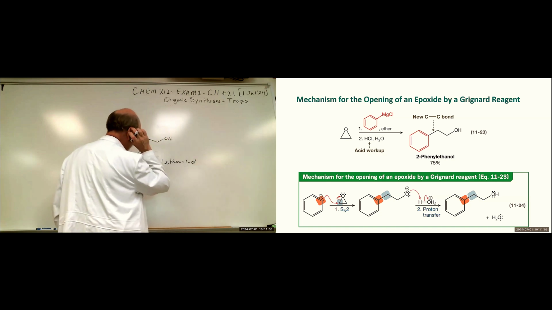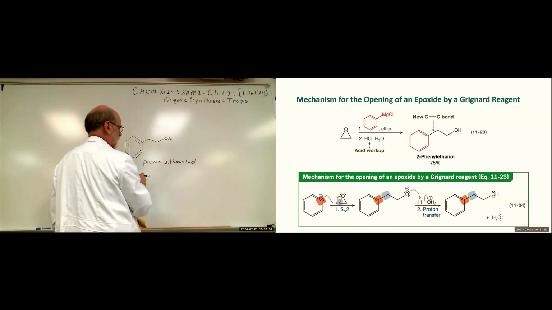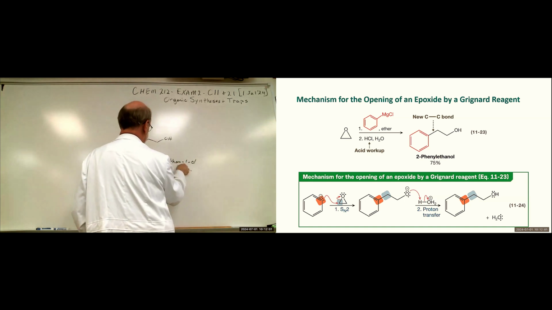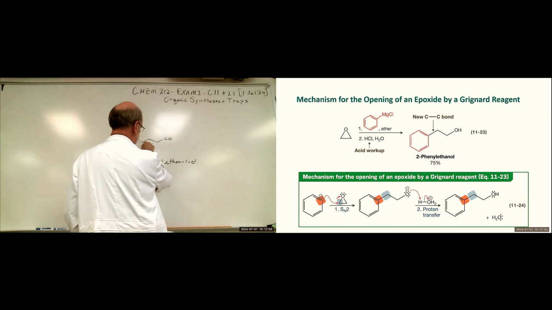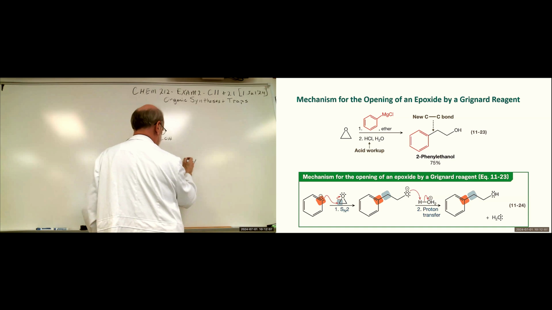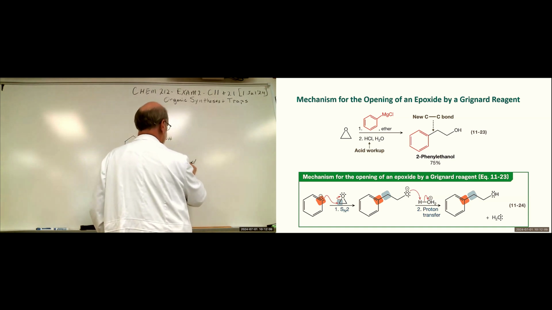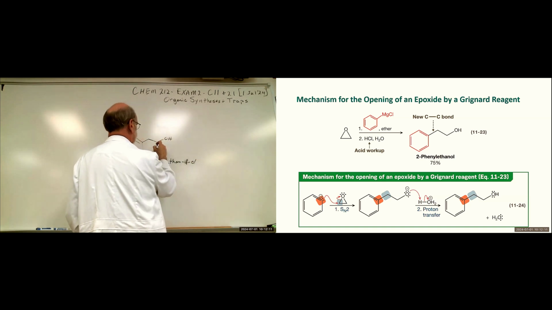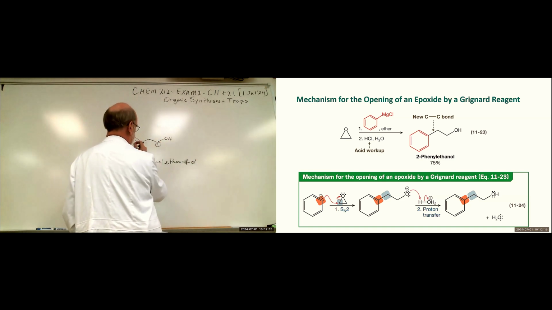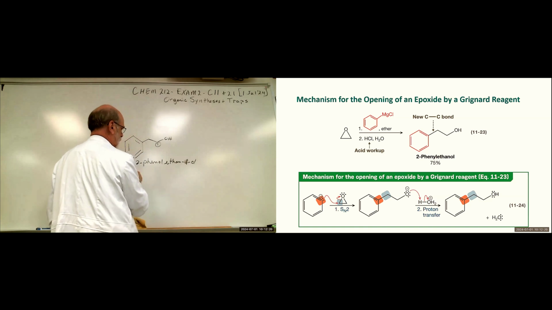Actually, we don't have to put the one in there because, well, we do. It's attached to the number one position. Oh, wait a minute. That's the one position. The all is on the one. So the phenyl is attached to phenyl ethane 1-all.